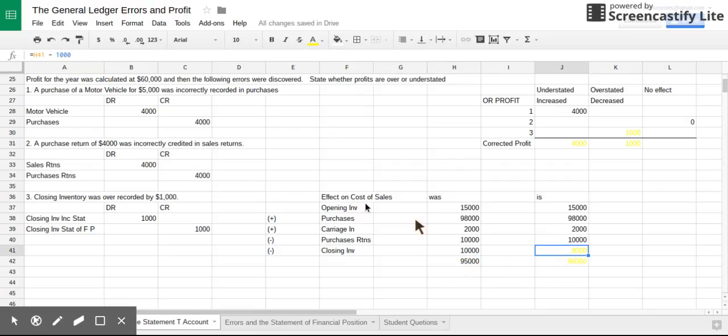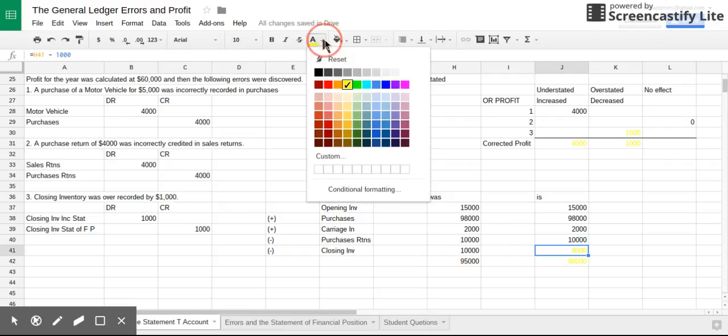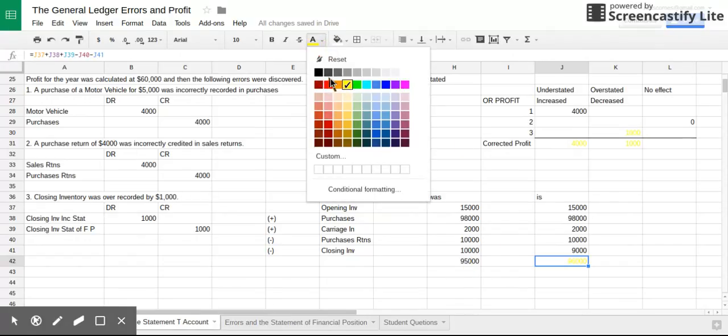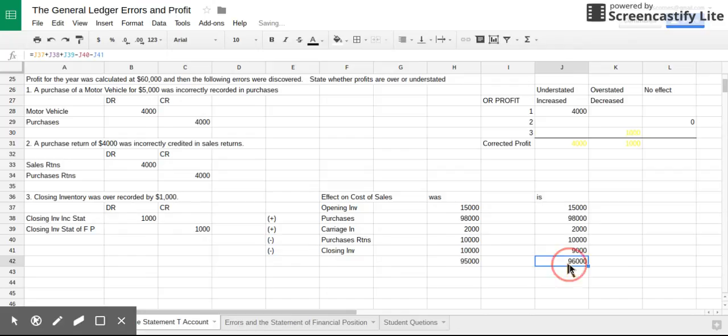Well, there's been a change now because we over-recorded our closing inventory. What we need to do is we only need to take $9,000 off when we calculate our cost of sales. So that gives us a corrected cost of sales of 96,000.